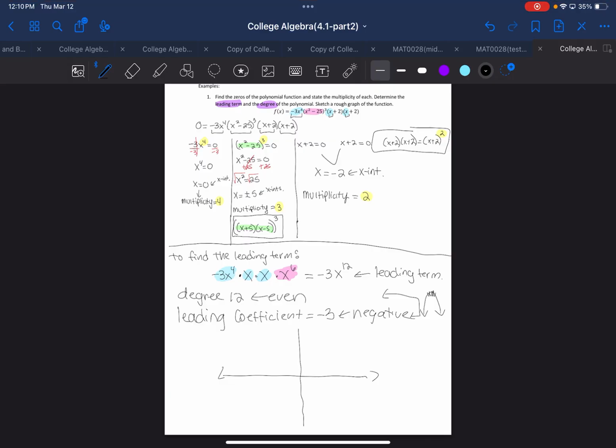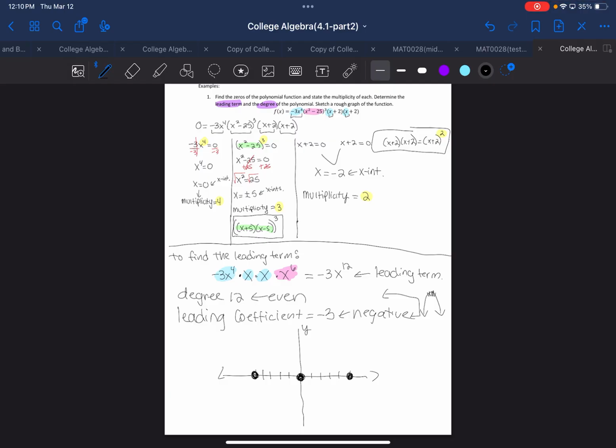Okay. So I'm going to start by plotting the zeros. My first x-intercept was 0. My second intercepts were -5 and +5. So 1, 2, 3, 4, 5. This would be -5. 1, 2, 3, 4, 5. This would be +5. So that's those 2 zeros in the middle.